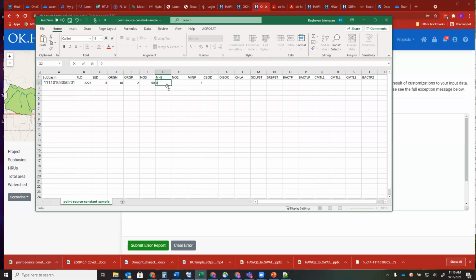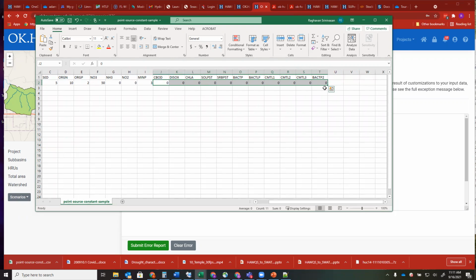And I'm going to put zeros for the ones that I don't have, so that it doesn't think it's blank. Okay, that should be one more. That's it.